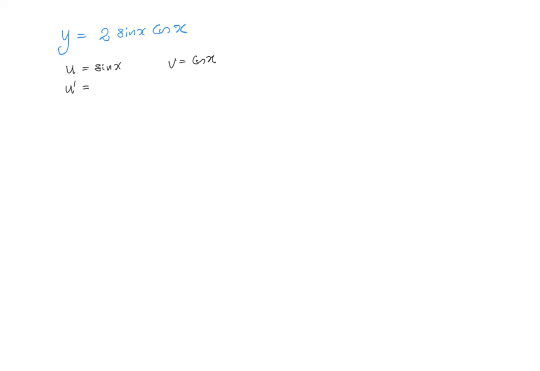u prime equal to cosine x, v prime equal to negative sine x.